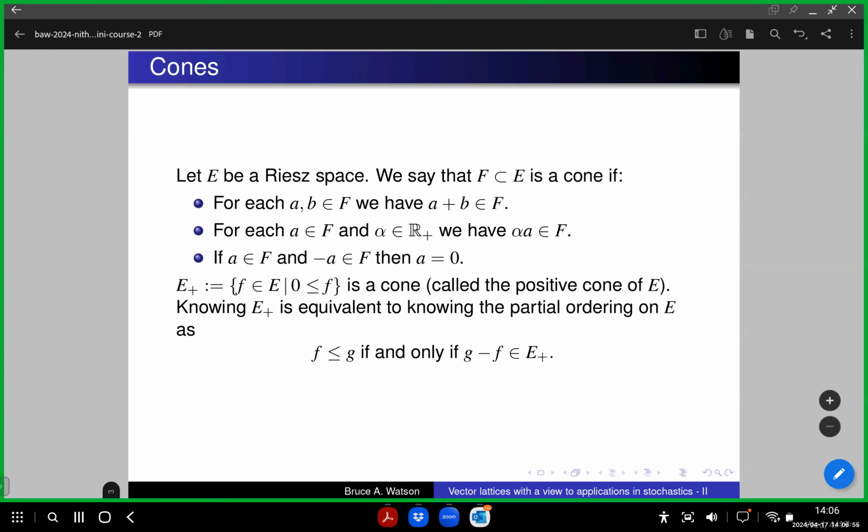And that is that F is below G if and only if G minus F is in your positive cone, or the cone as you've chosen, which you make into your positive cone. So given a cone, we can generate a partial ordering. Given a partial ordering, we get a cone called the positive cone with respect to that partial ordering. So they're flip sides of the same coin.